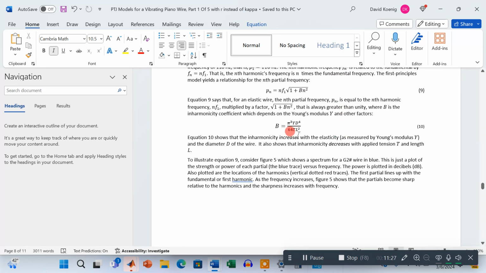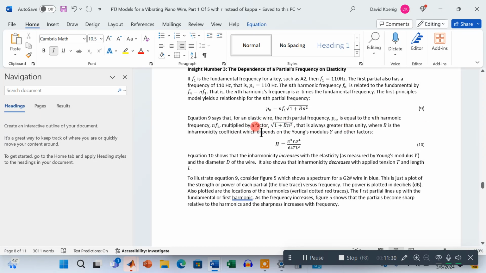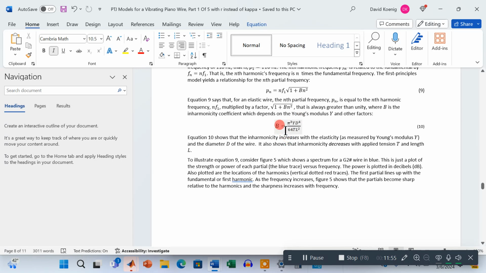And then equation 10 says that, well, here, for example, this factor here is the square root of 1 plus B times n squared. And equation 10 is B is equal to pi cubed times Y, the Young's modulus, times d, the diameter of the string or the wire, taken to the fourth power, all divided by 64, times the tension T, times the length of the wire squared.